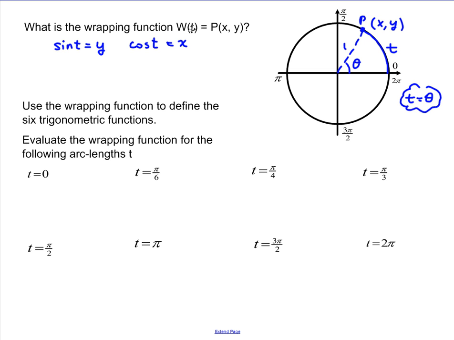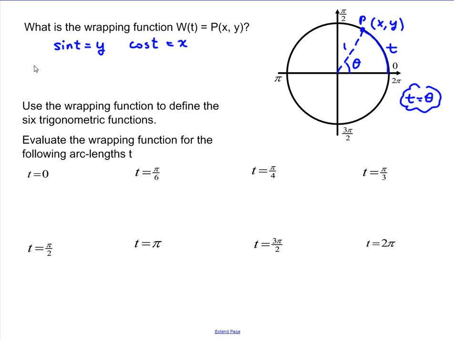Okay, so in fact, W of t, this is what we call a parametric function. What a parametric function is, is that we define x and y in terms of one variable, t.